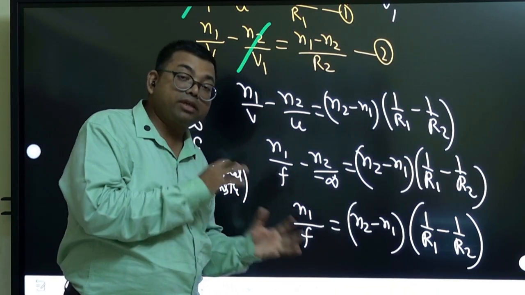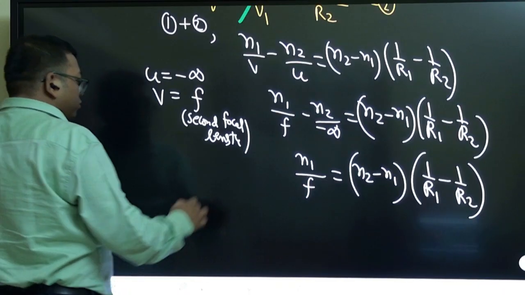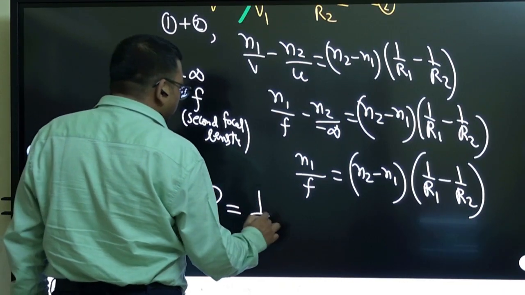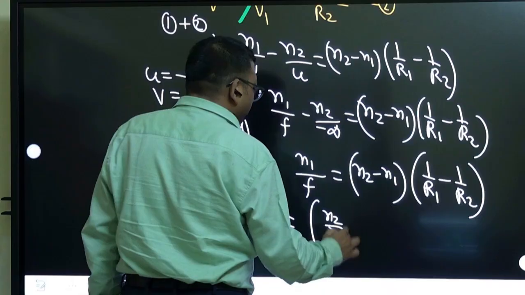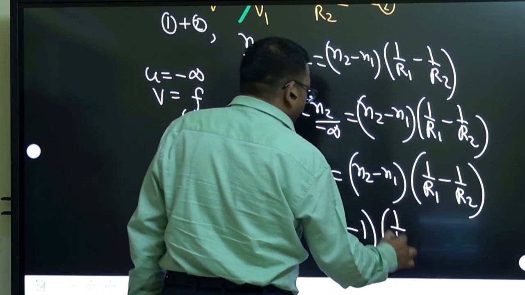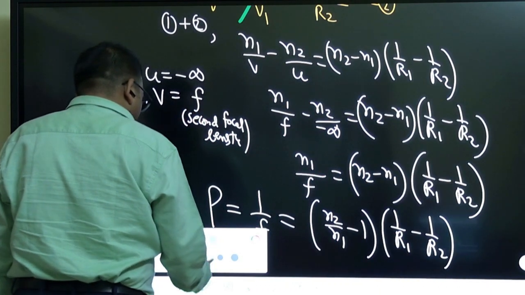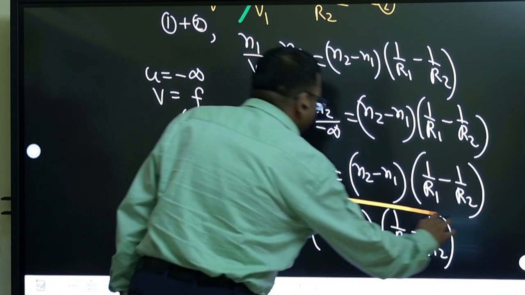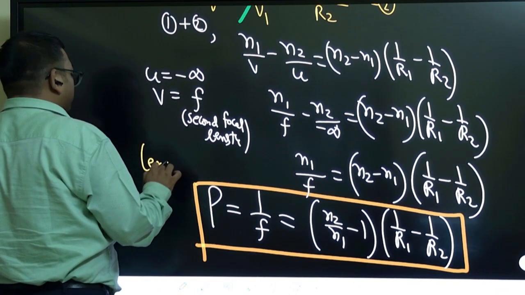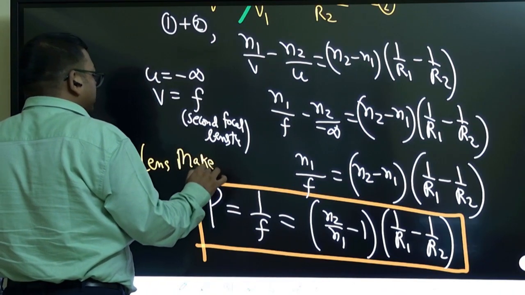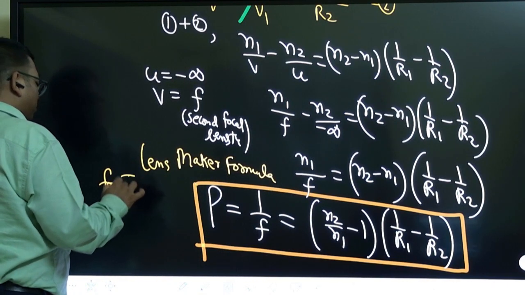For a lens which has two surfaces, 1 by focal length is defined as the power. So this n1 will go to the other side: 1 by f is equal to n2 by n1 minus 1 into 1 by R1 minus 1 by R2. This formula is called the lens maker formula. Very, very important, the lens maker formula for a thin lens.